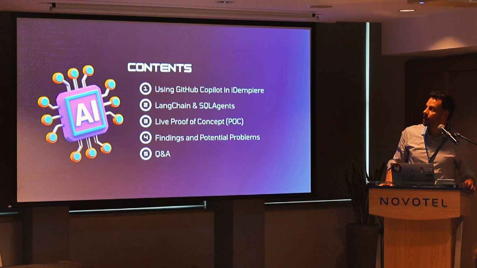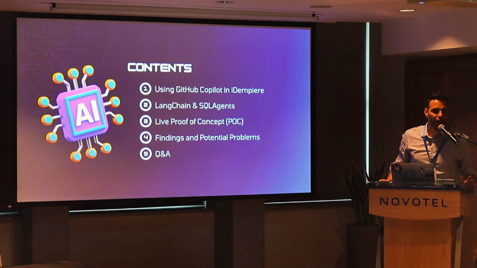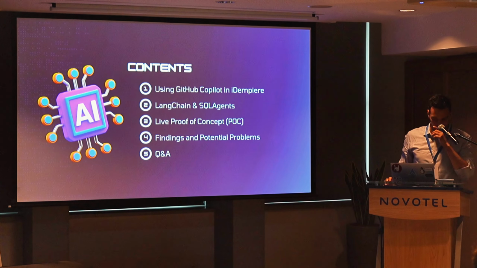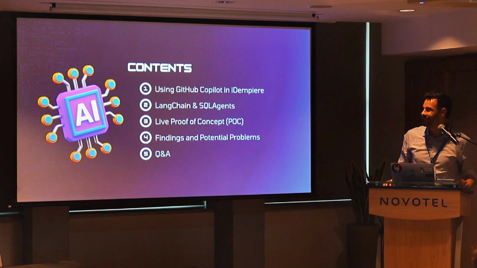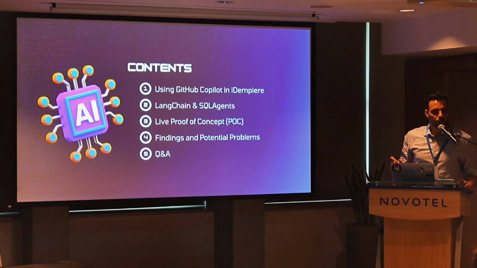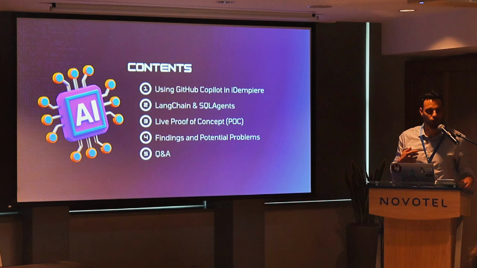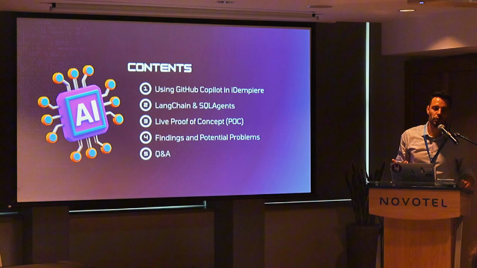Today I want to share how we can enhance iDempiere development using AI tools like Copilot, and I want to show a proof of concept on how we can use natural language to query data from the ERP.